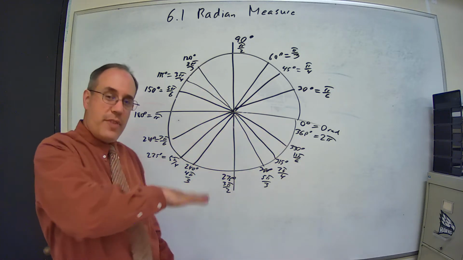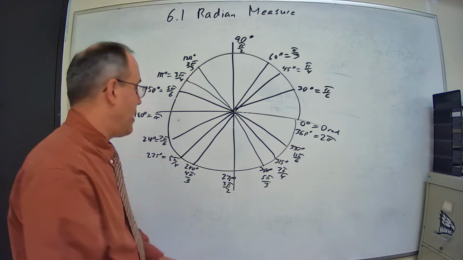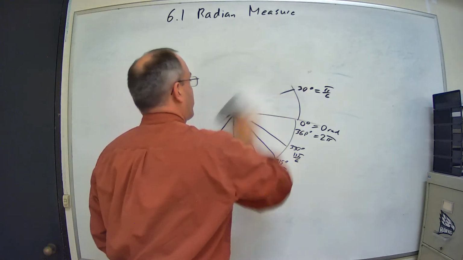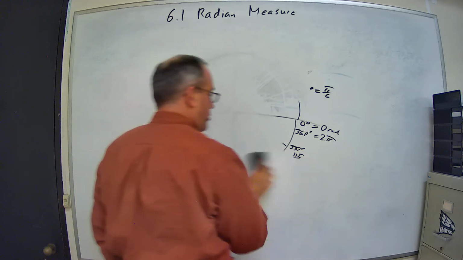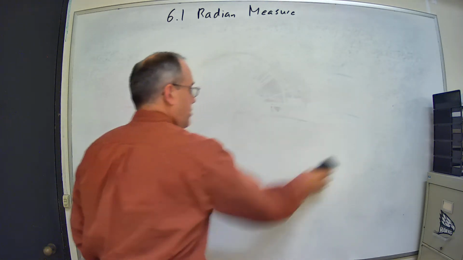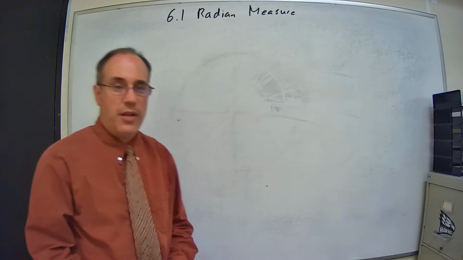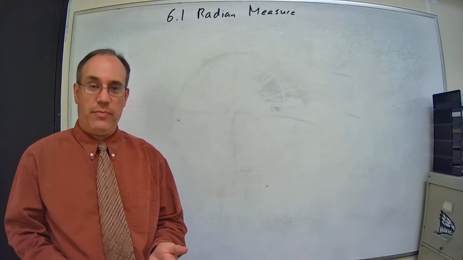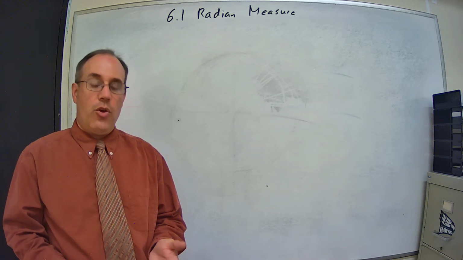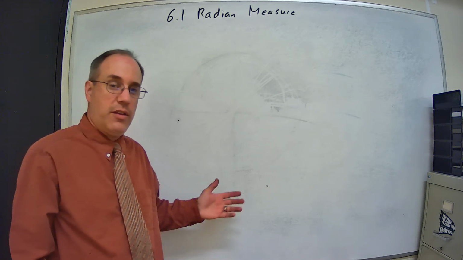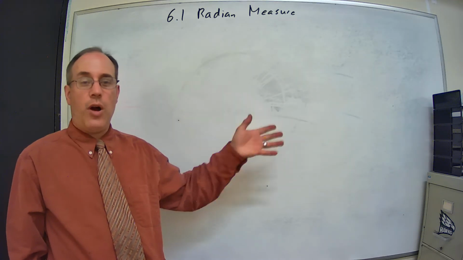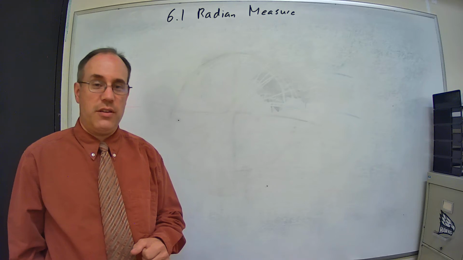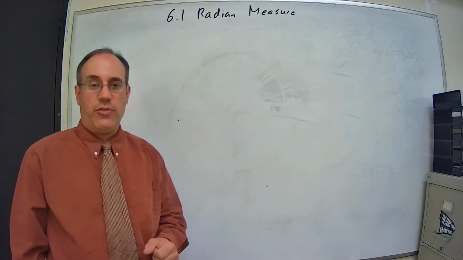Now that we've gone through that, I will point out that you can have a unit circle or a drawing of a unit circle that includes all of these degree and radian measures and the points on the unit circle, which give you your x and y, or your cosine and sine values for any of these angles.